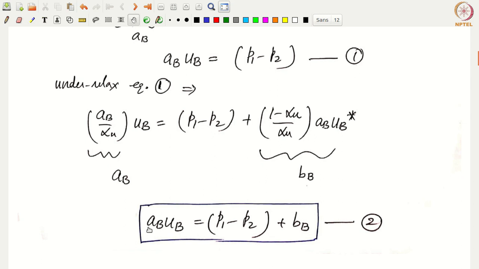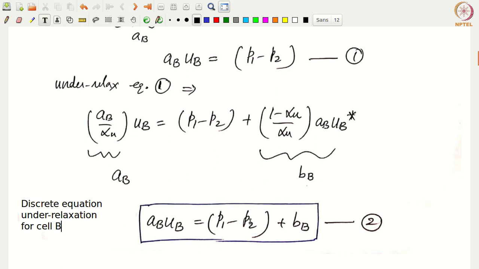This is the discrete equation after underrelaxation for cell B. Of course, the problem statement is such that we don't have any dependence on the neighboring cells. The only dependency is on the cell itself and on the pressures. There is no neighboring cell coming into play here.